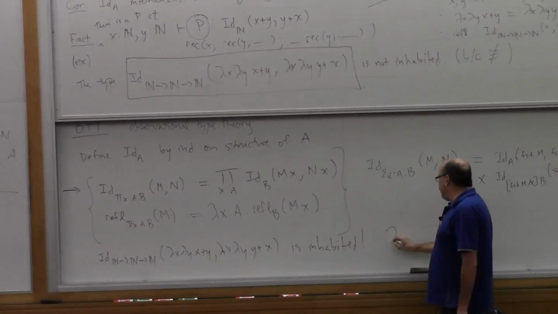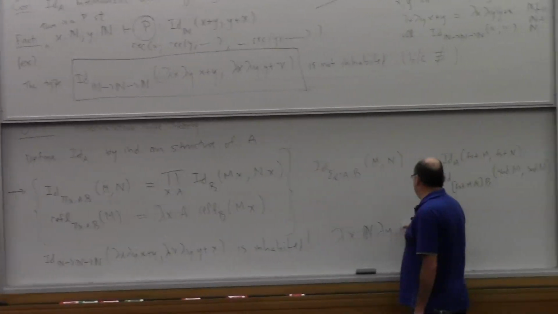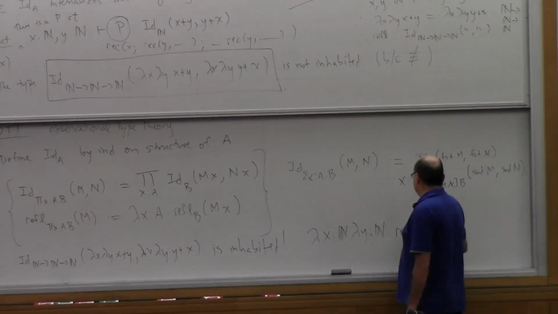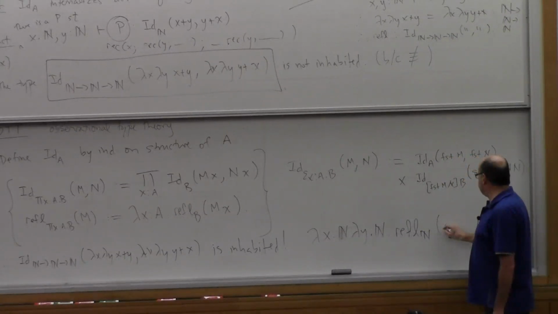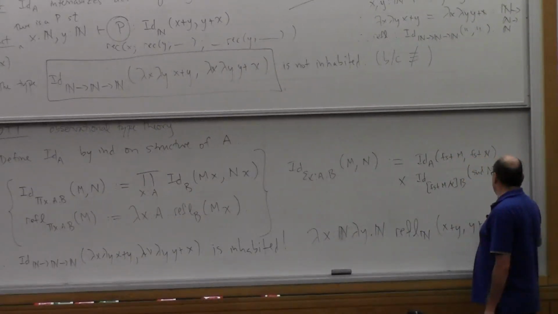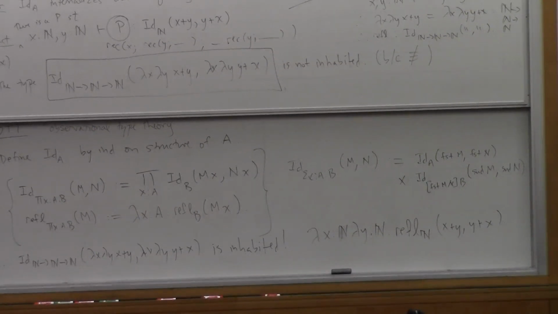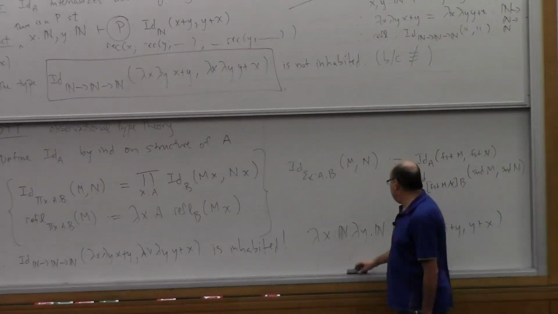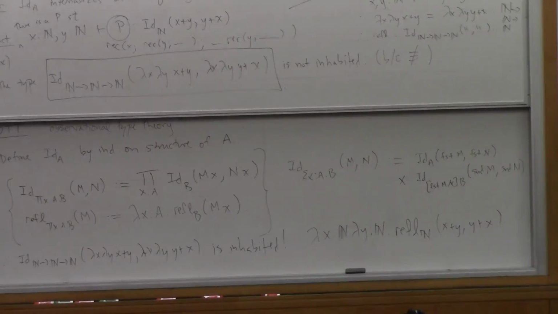It's inhabited by lambda x in n, lambda y in n, refl in n of whatever it's supposed to be, x plus y and y plus x. That's what's going to happen. Well, that's what it'll wind up being, I think. But it's inhabited. You'll be able to show that that type is inhabited.